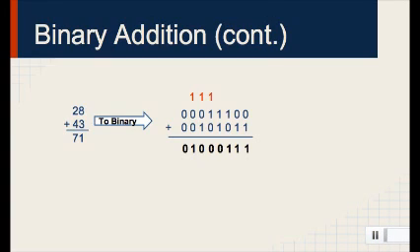In this example, we will add 28 and 43, and we should get a result of 71. First, you must convert these numbers into binary form. If you can't do this on your own, use a binary calculator to help you.